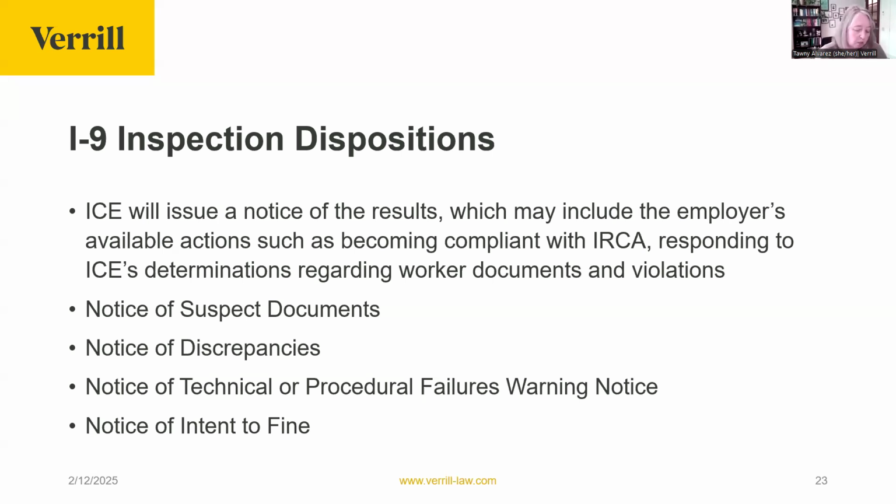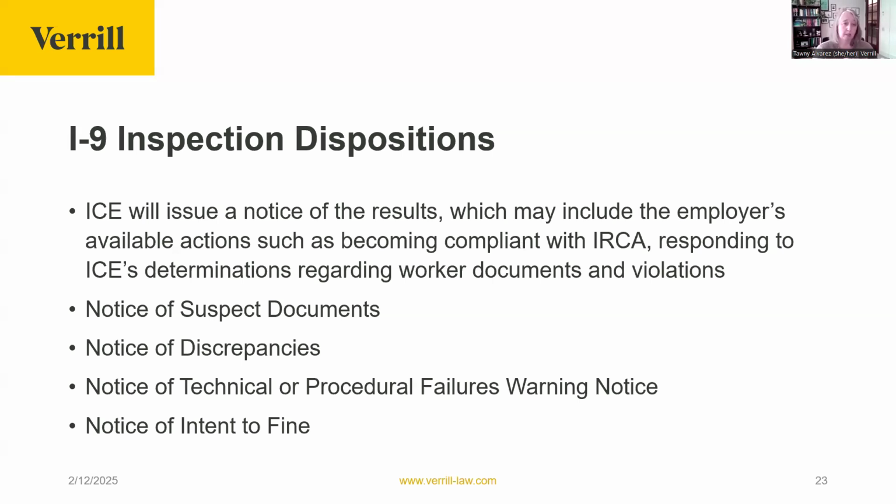But in that notice of discrepancies, what they're going to be doing is looking at the documents that were provided by the employee and then looking at what's included in that Section 2 to determine whether or not the data is the same. So then a lot of employers will say, well, shouldn't I just not request copies? You can do that. What it does is it creates issues as you're auditing, right?